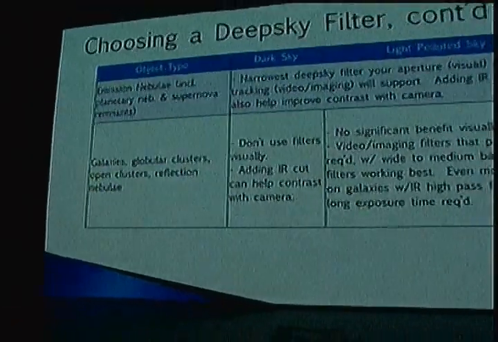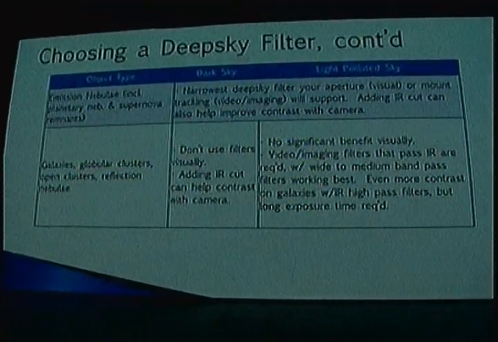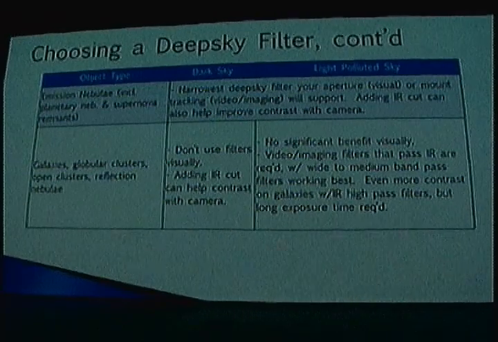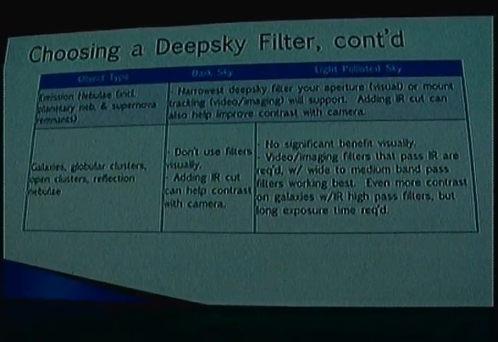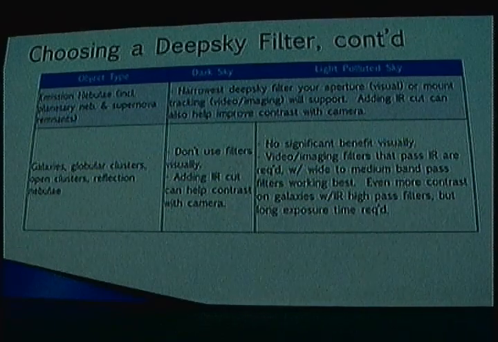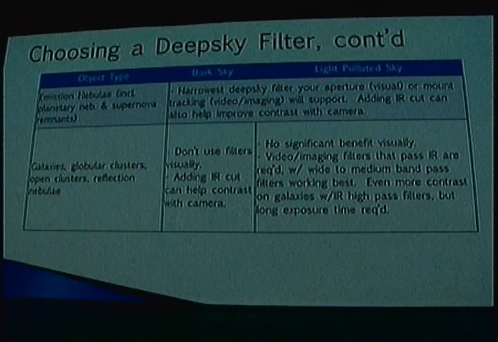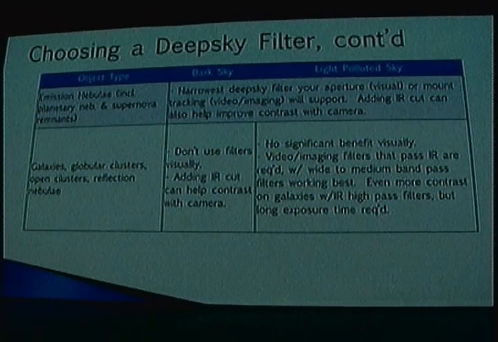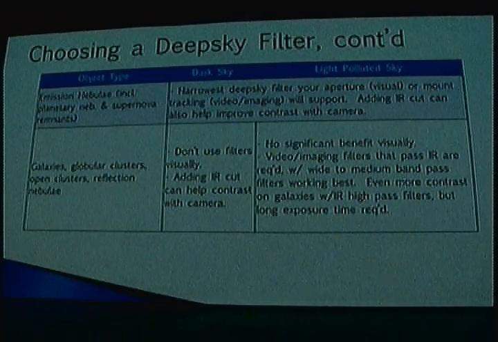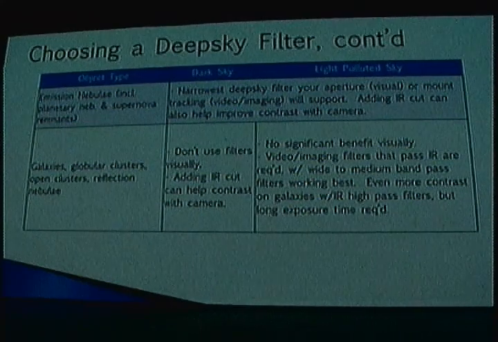So if your target is an emission-type nebula, so planetary nebula, H2 region, or a supernova remnant, regardless of your light pollution level, it could be dark sky, it could be in the middle of the city, I recommend that you use the narrowest light pollution filter that your telescope or mount tracking will allow.